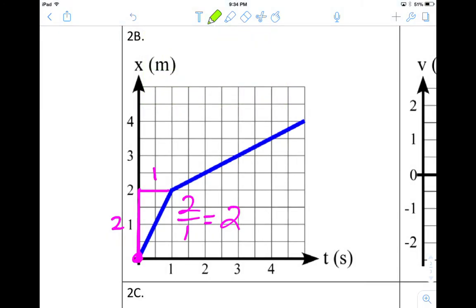And I'm going to have rise over run. Now my rise is 2 more, so that goes from 2 to 3, which is 1. 3 to 4 is another 1, so total it's 2. And then I've got 1, 2, 3, 4 there. So rise over run makes 1/2.